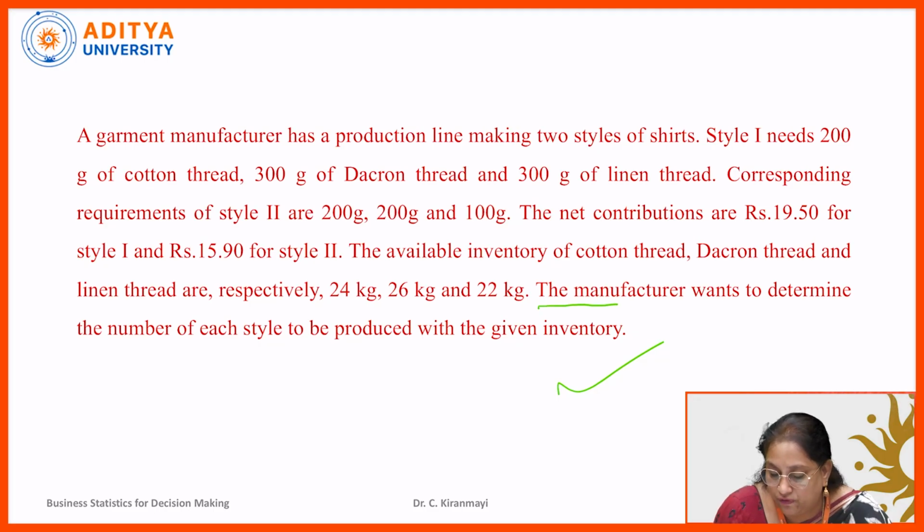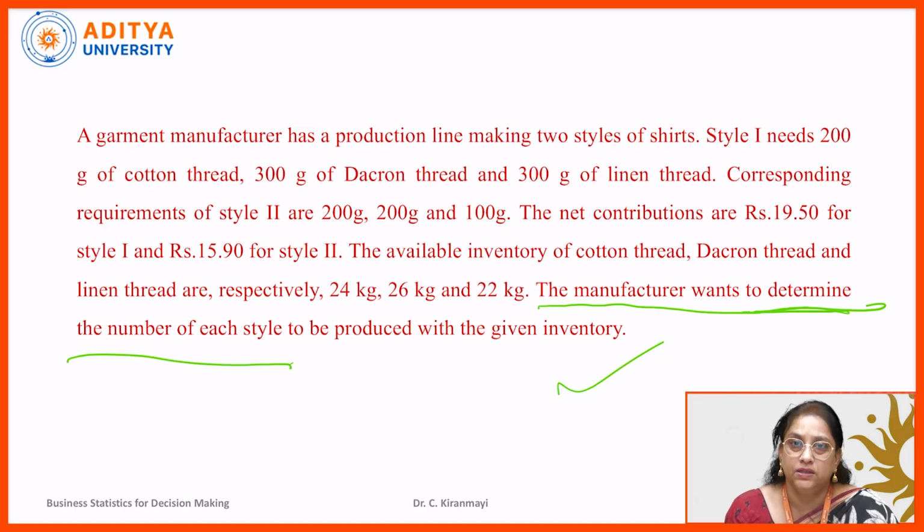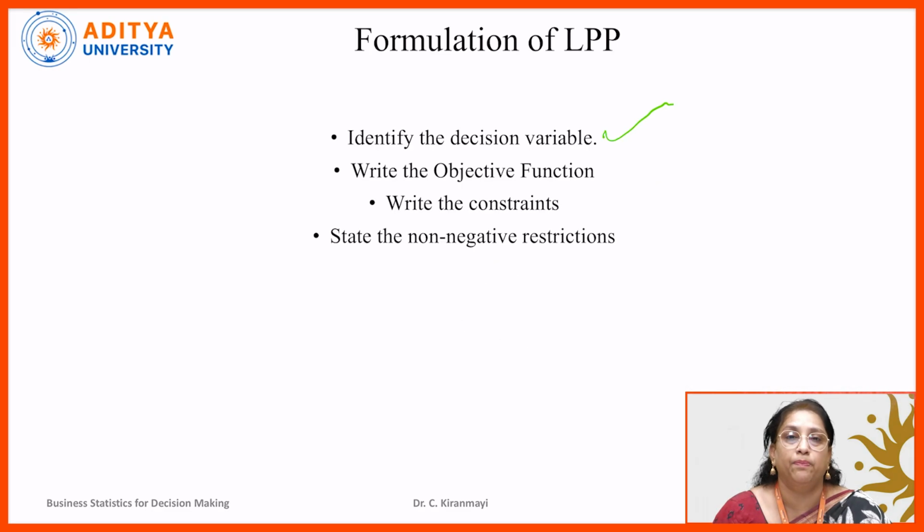From the problem we can understand that the manufacturer wants to determine the number of each style of shirts to be produced. So he has to take a decision regarding how many units of each style of shirt are to be produced. These are the decision variables. That is the first step in formulating the problem as an LPP.